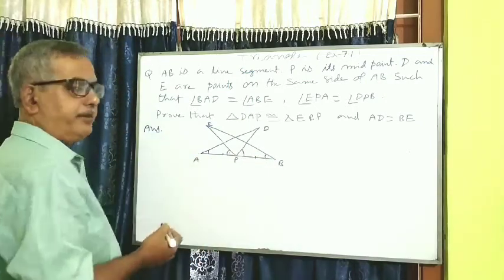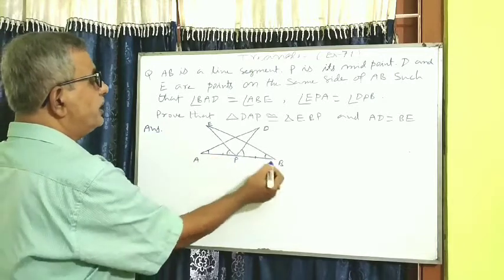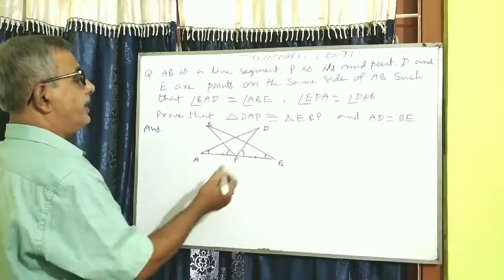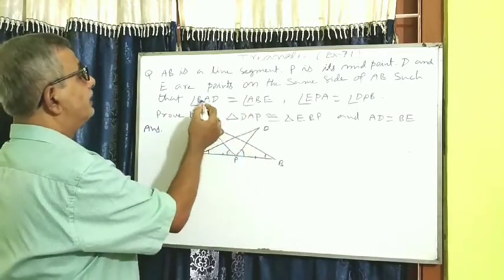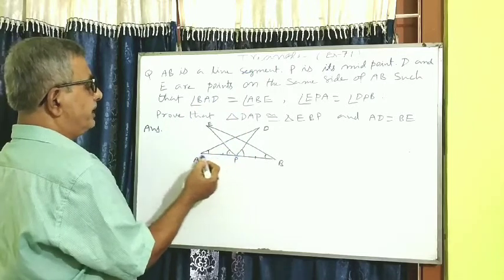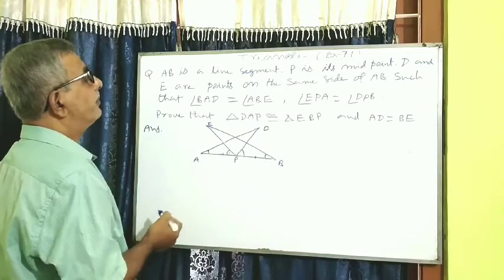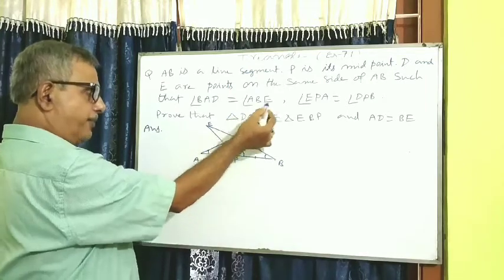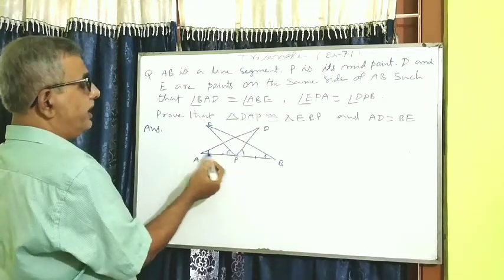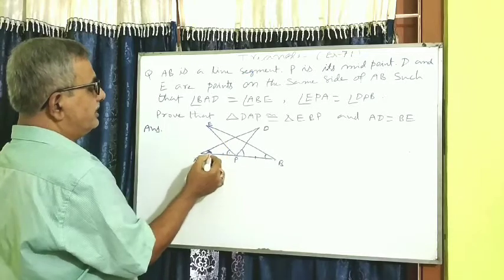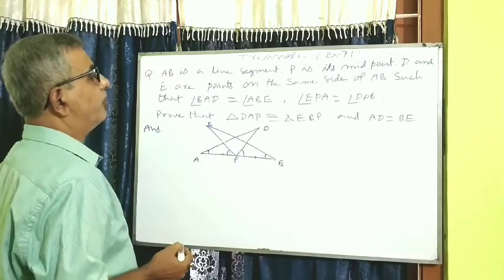I hope you understood. AB is a straight line. P is its midpoint. Angle BAD, here is BAD, this angle is equal to ABE. Where is ABE? This angle and this angle are equal.